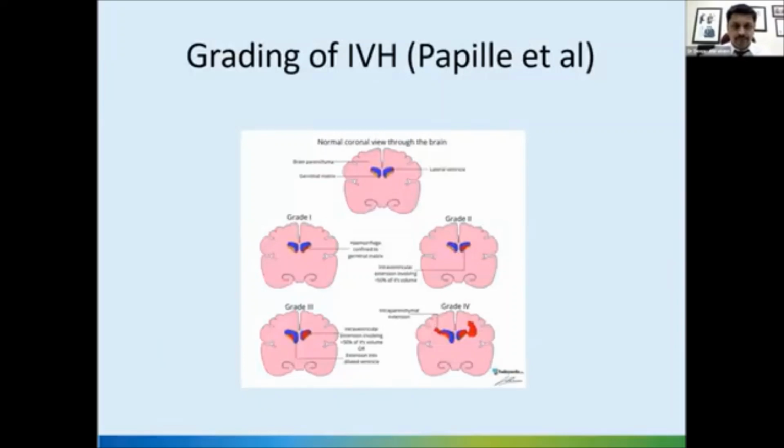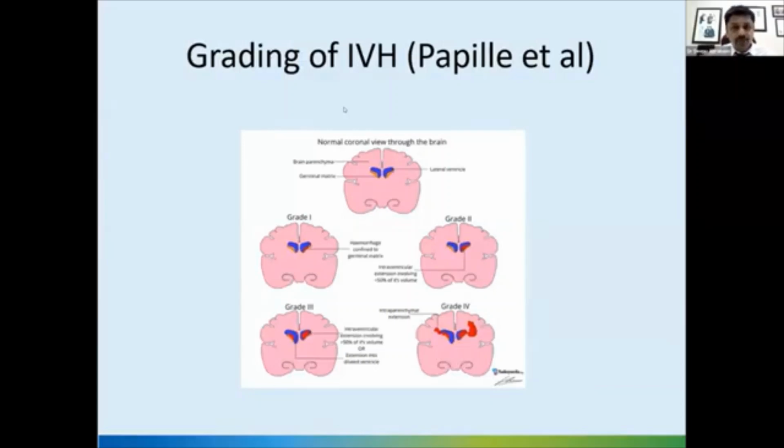Coming to the pathogenesis and the classification of IVH, this is the standard classification that we follow. Grade 1 IVH, where the hemorrhage is restricted just to the germinal matrix. Grade 2 hemorrhage, where the hemorrhage extends beyond the germinal matrix but is less than 50% of the ventricular cavity, and with absolutely no ventricular dilatation.